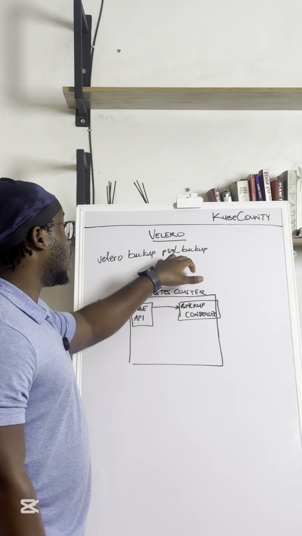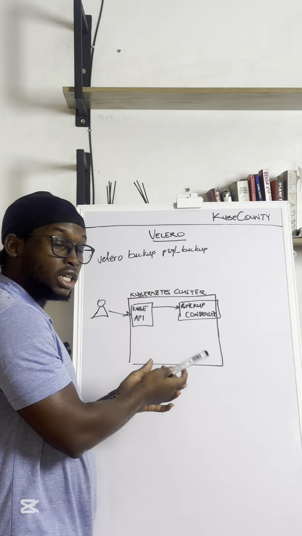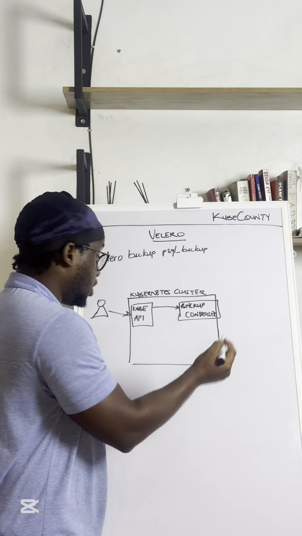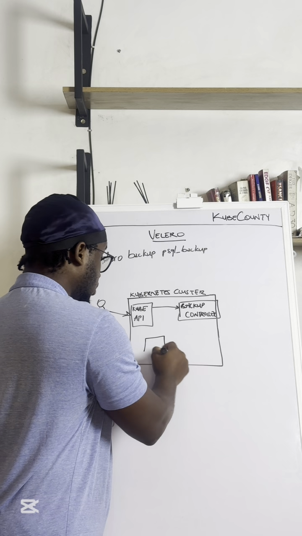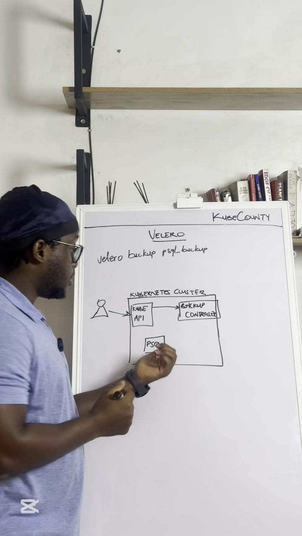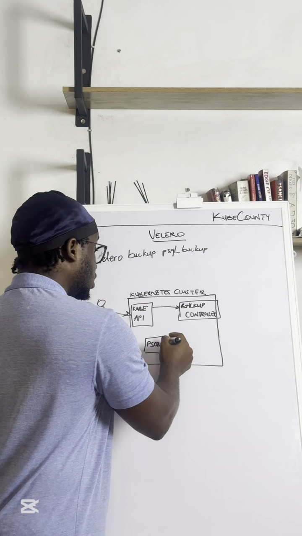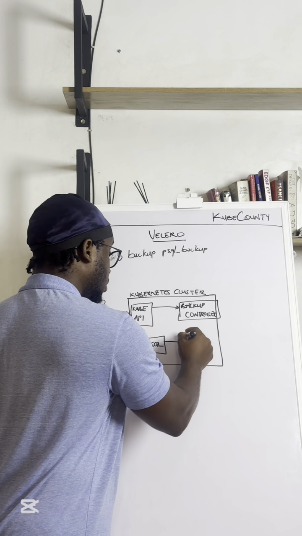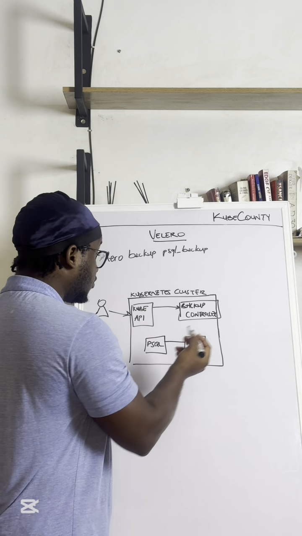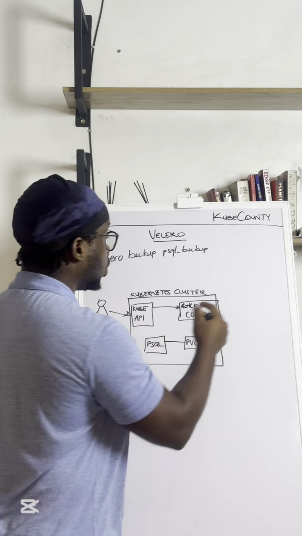So if I take a backup of a PostgreSQL database that is running within Kubernetes, say this is my Postgres application, for instance. Okay, this is a Postgres stateful set. Now this stateful set is working with a PVC. That persistent volume claim is making a claim to a persistent volume that is in your cloud environment.